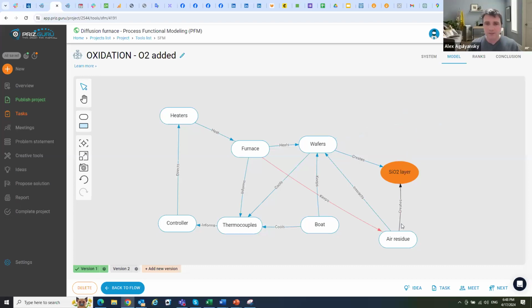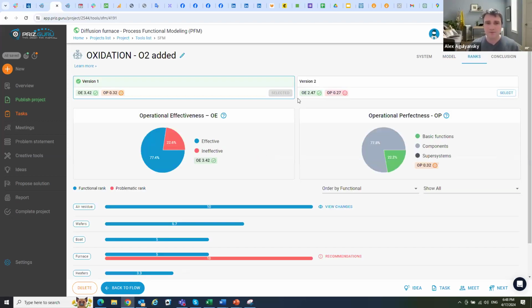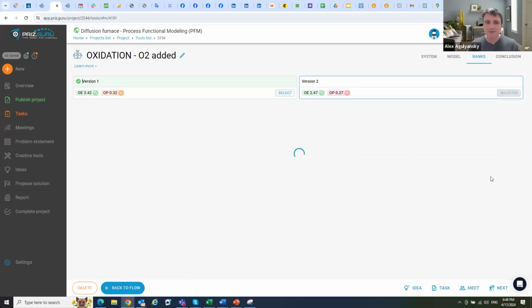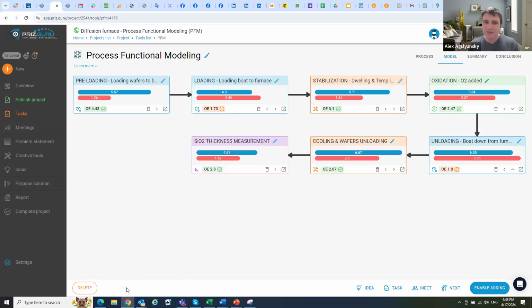Now, if you go to the ranks, now you have two different versions with their own rankings. So you see that in this particular case, the rank of operational effectiveness and operational perfectness actually went down. So that's an indication that whatever change we're trying to make, it's not going to be a very good change, right?